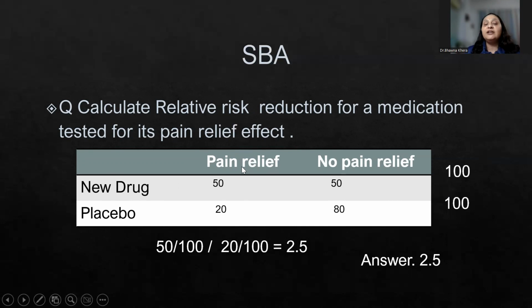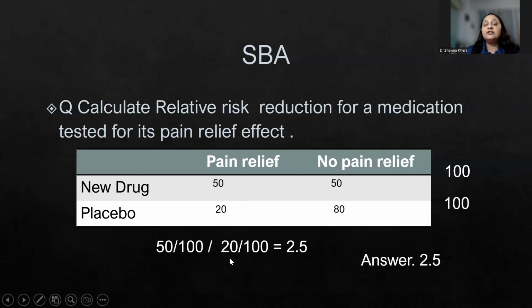For risk calculation, it is the event occurring divided by the number of people in that group. The event here is pain relief, so 50 divided by 100. Relative risk is a ratio, so it is divided by the event occurring in the other group: 20 divided by 100.